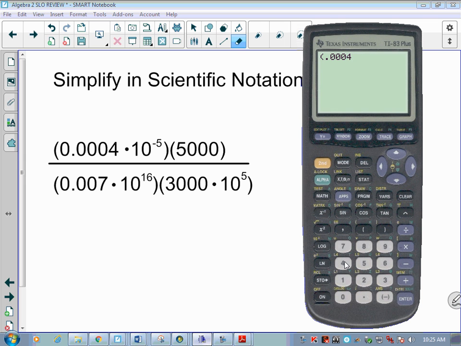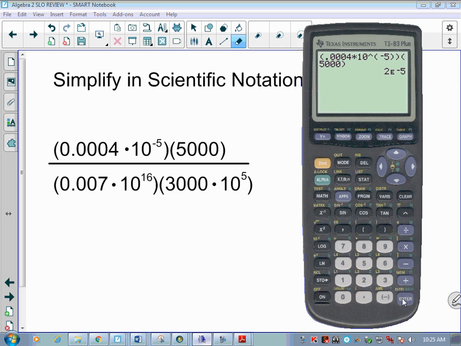0.0004, times 10 to the, and I'm going to use parentheses because it's an older calculator, negative fifth, and close up both sets of parentheses. Does that make sense? And I'm going to multiply that, using a different set of parentheses, times 5,000, and hit enter.